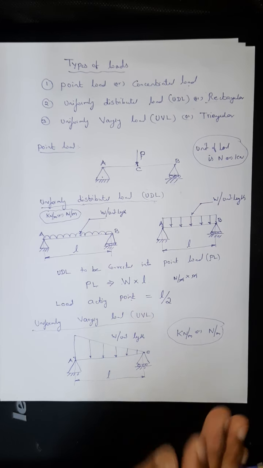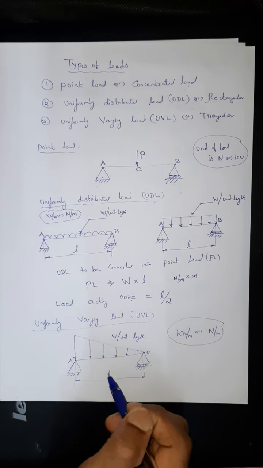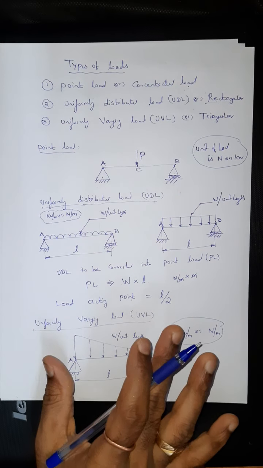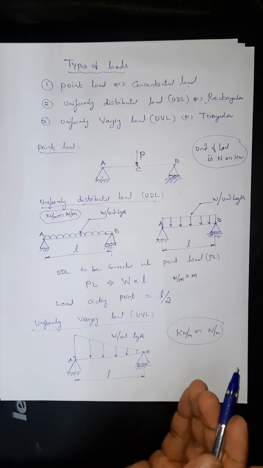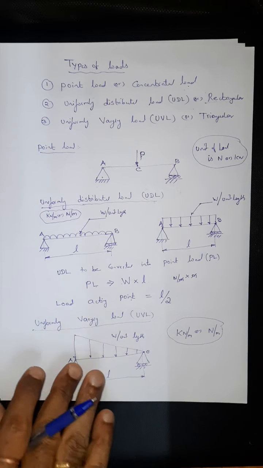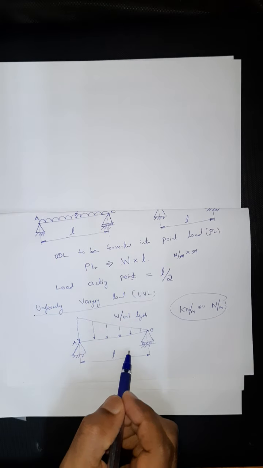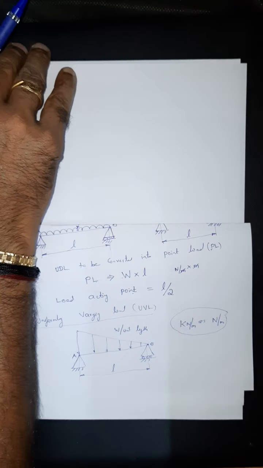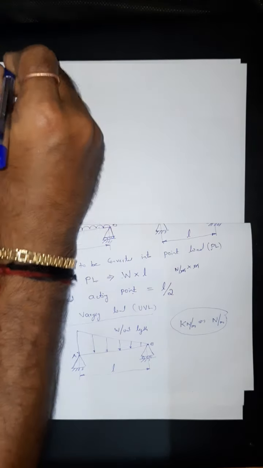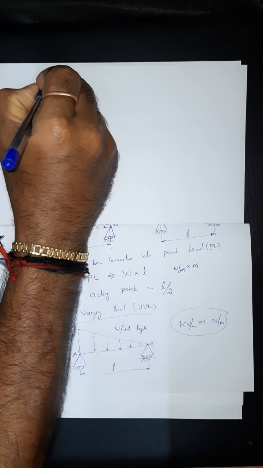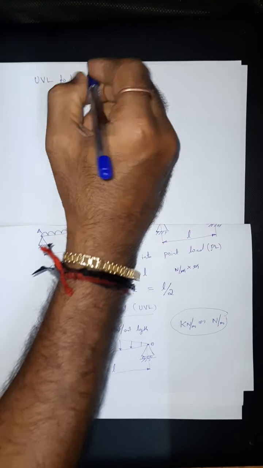So what did I tell you? This UDL or UVL cannot be used to solve the problem. That needs to be converted into a point load, isn't it? So this UVL, I am just going to convert into a point load.